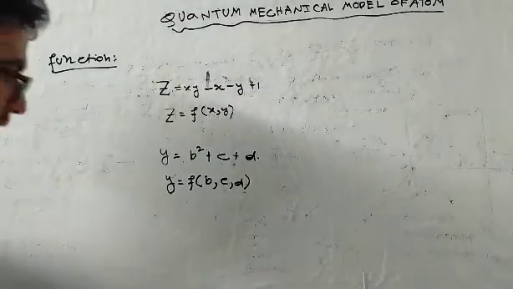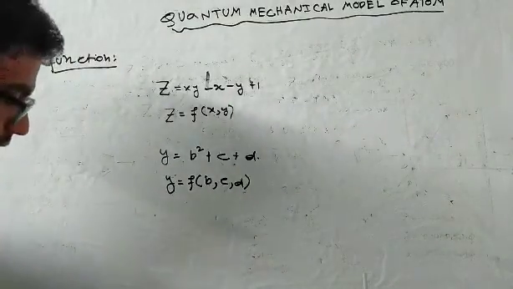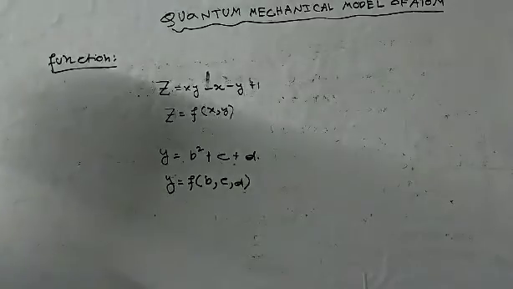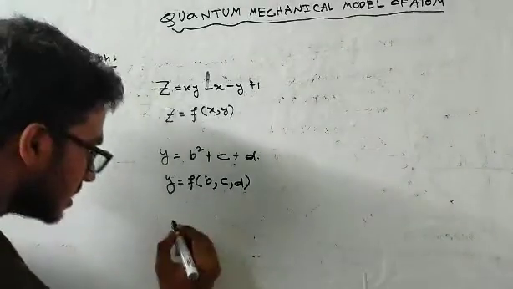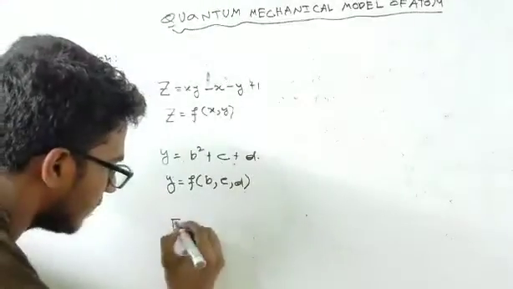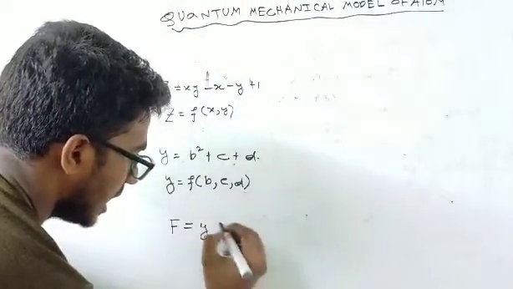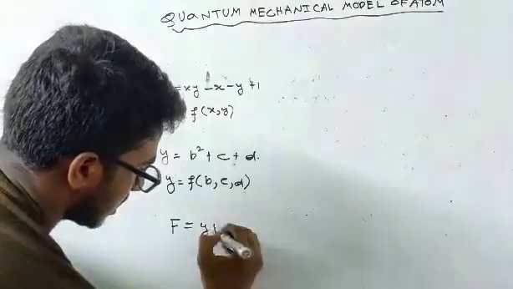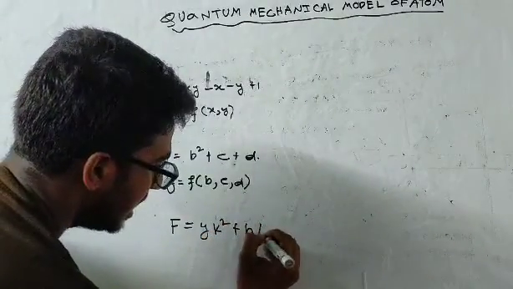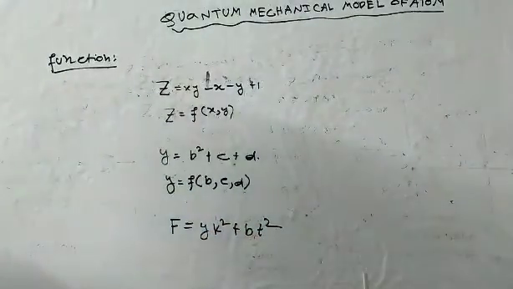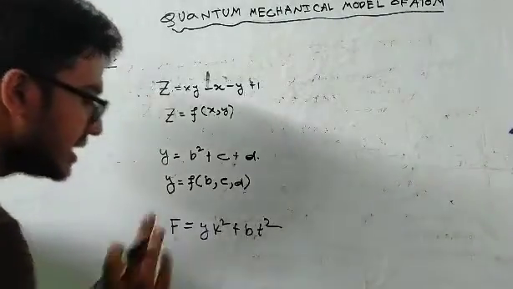Let's take another example. Let's say I have an equation which says f equals y k square plus b t square, and let's say k is a constant and b is a constant.